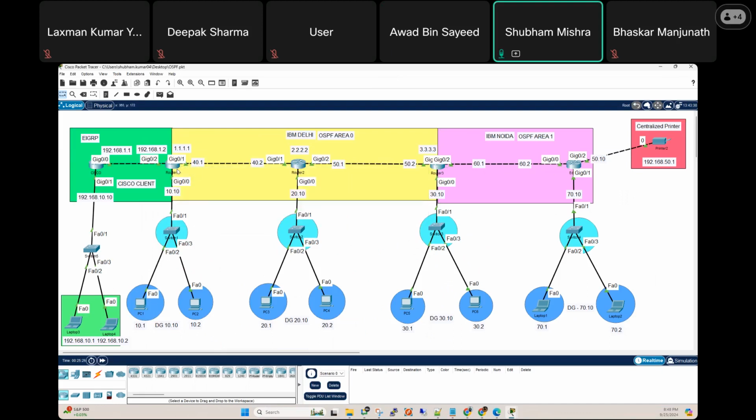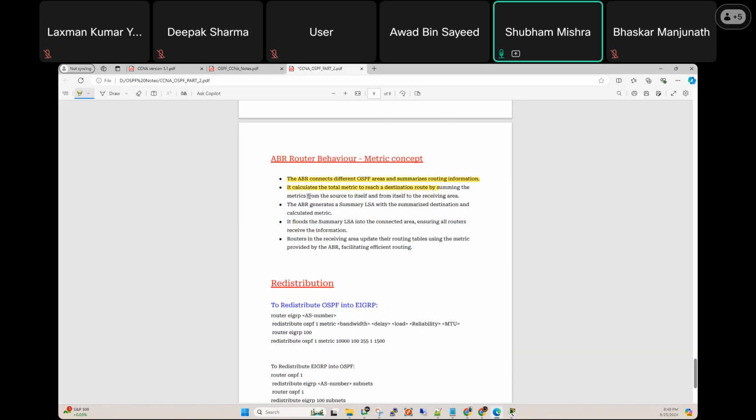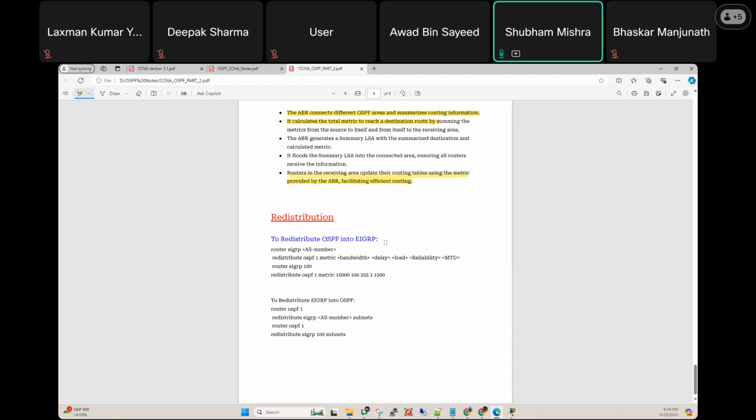And this router receives metric 1 from the ABR, so the total will be 2 plus 1, that is 3. So basically that is the behavior of the ABR router. Routers in the receiving area update their routing table using the metric provided by the ABR. Whatever the ABR provides, your other device will update in its routing table. Everyone understand? Tell me.